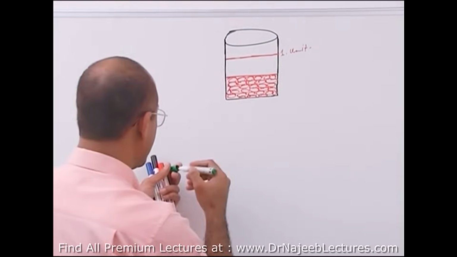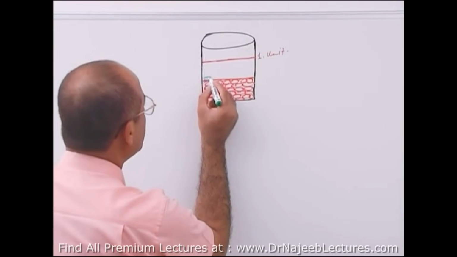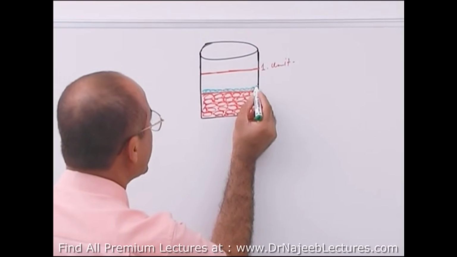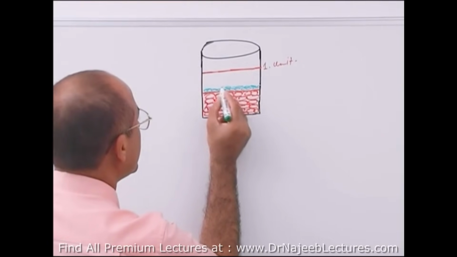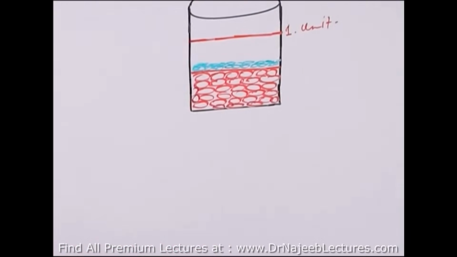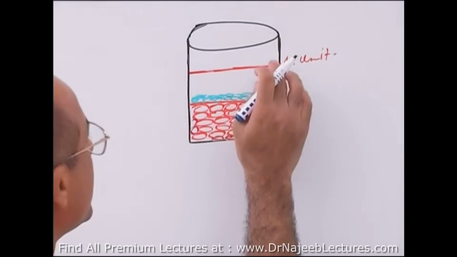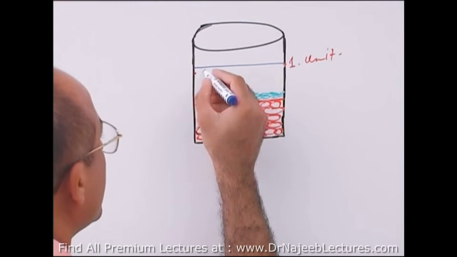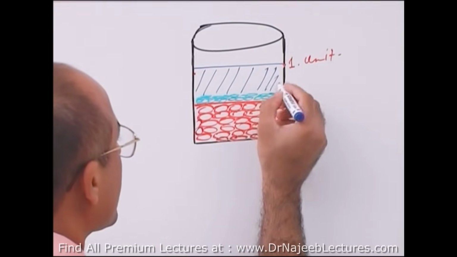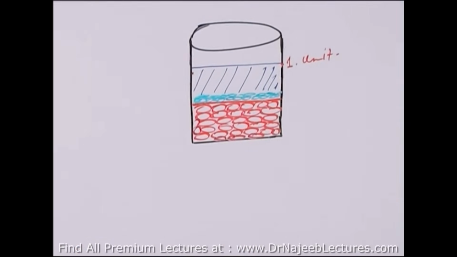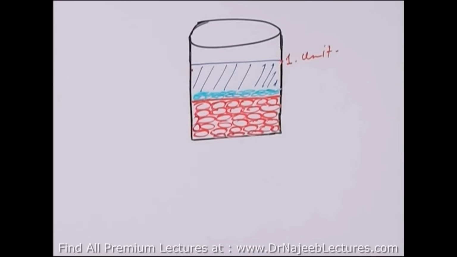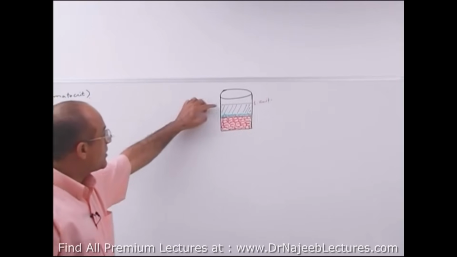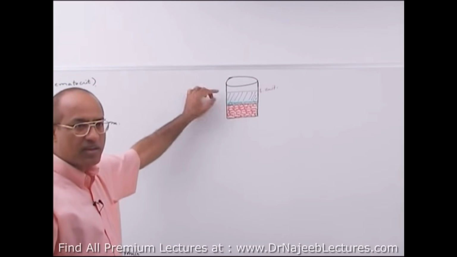There are some cells here, which we call the buffy coat. This is a very thin layer made by white blood cells, and above that, all this is plasma. We start our concept from the very basics. You have taken blood from a person, anticoagulated it, put it into a tube and centrifuged it. The cells are at the bottom and plasma is at the top.